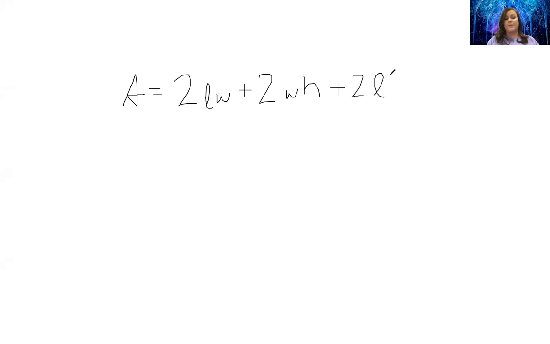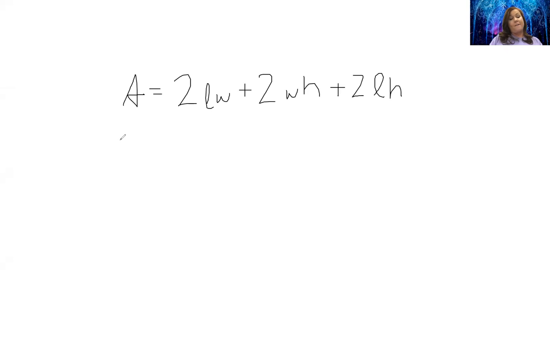So we know that the surface area is going to be, type it up here, A equals 2 times length times width, because that's one of them, 2 times width times height, plus 2 times length times height. So I'm just looking at this going, there's no numbers. There's nothing to compare.